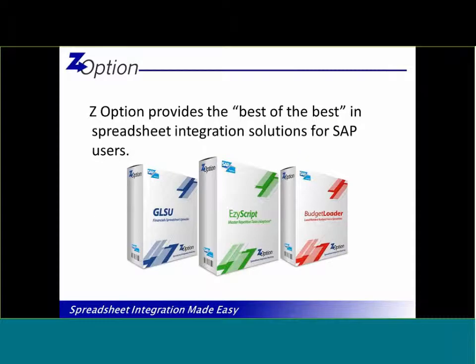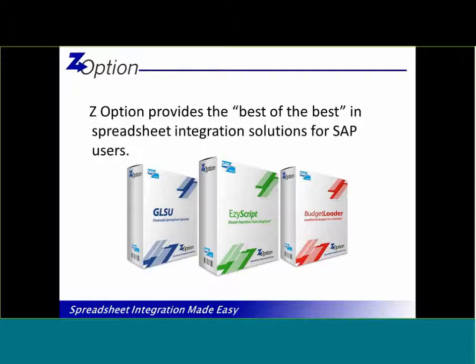As I mentioned, we offer multiple products, and the three of those that you see on the screen are the ones that we offer. We consider these to be the best of the best in the spreadsheet integration solutions for the SAP industry. Today we're going to be talking about EzyScript, which is a scripting solution for doing all kinds of things in SAP, things like master data, material maintenance, creation of POs, sales orders, all kinds of things.